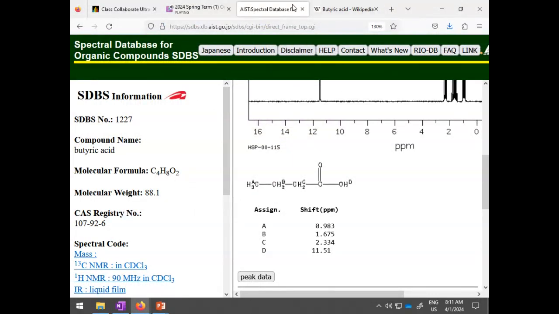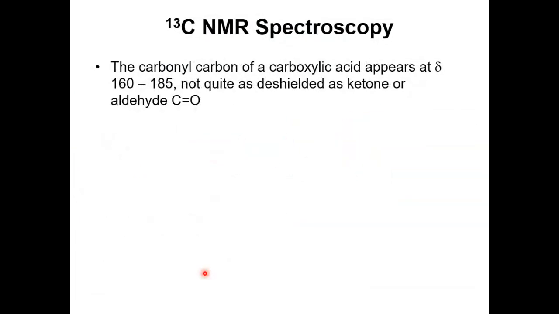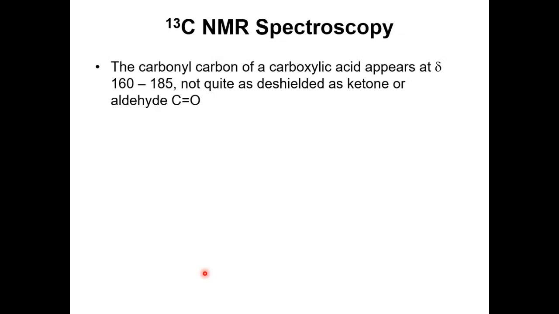And the carbon 13 NMR of a carboxylic acid, the characteristic peak is the carbonyl carbon. And the carbonyl carbon, just like the ketone and aldehyde carbon, is very deshielded. But it's not quite as deshielded as ketone and aldehyde. Ketone and aldehyde, I hope you recall, are around 200 ppm. But here, the carbonyl carbon is a bit less deshielded, which can be explained by resonance.